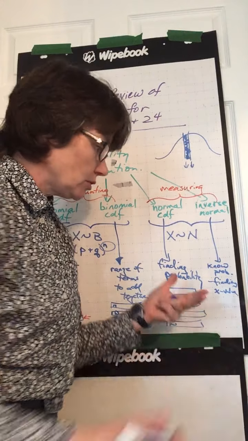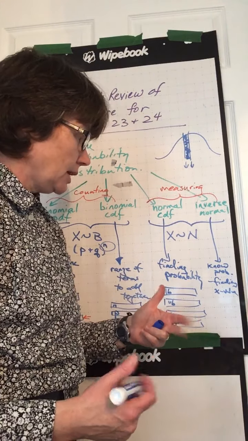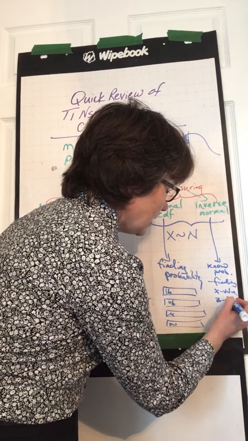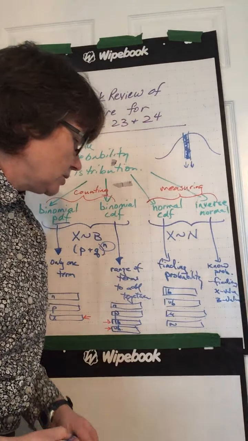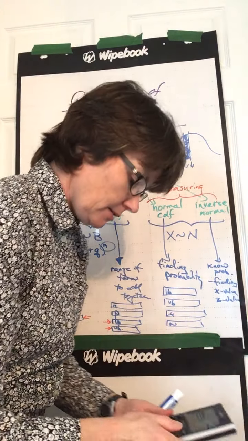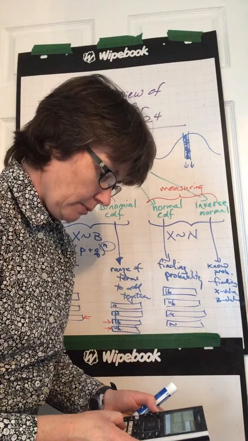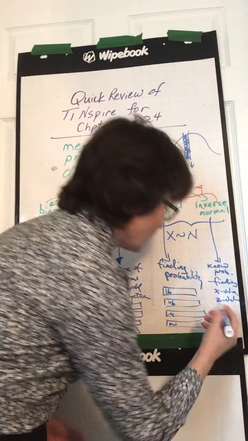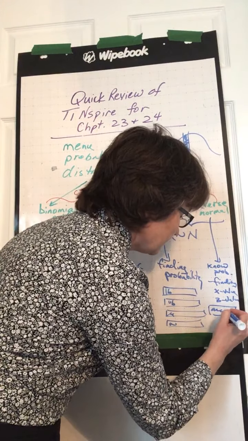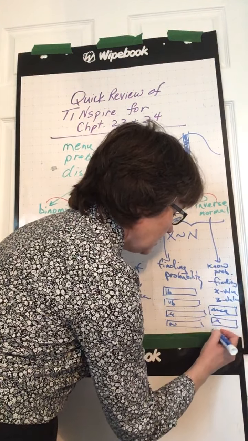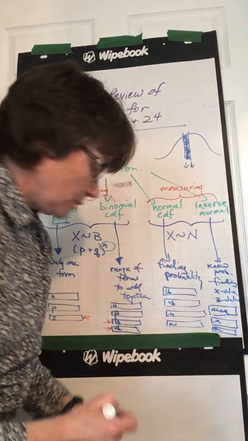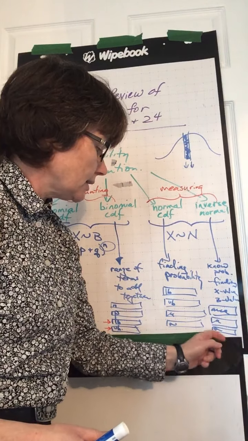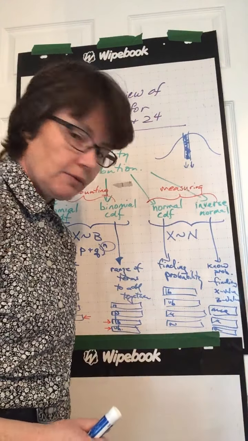If we're using the Z distribution, with a mean of 0 and standard deviation of 1, then we would be finding a Z value. Menu, probability, distribution, inverse norm: we put in the area, then the mean and standard deviation. For the Z distribution, the mean is 0 and standard deviation is 1. If we're looking at an X distribution, you have to put those values in.